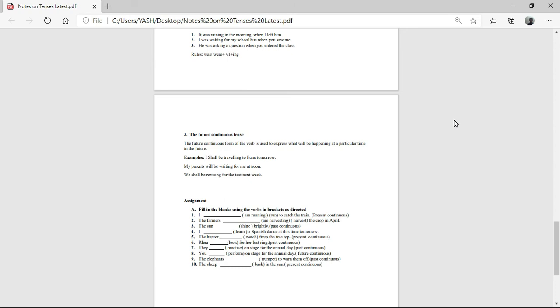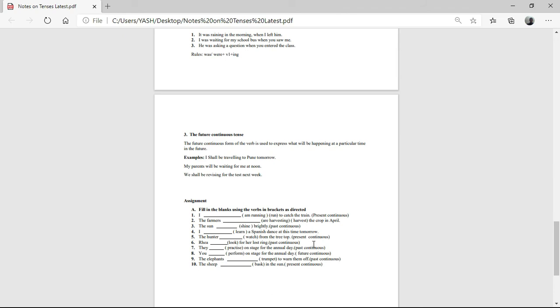The simple past form of the verb is used to express an action that happened sometime in the past and is over now, and to express a past habit. Rule: verb second form is used. The simple future form of the verb is used to express an action that is yet to take place. We will be using the helping verb according to the subject, will or shall plus verb first form.